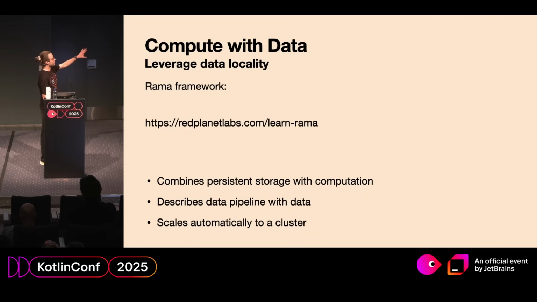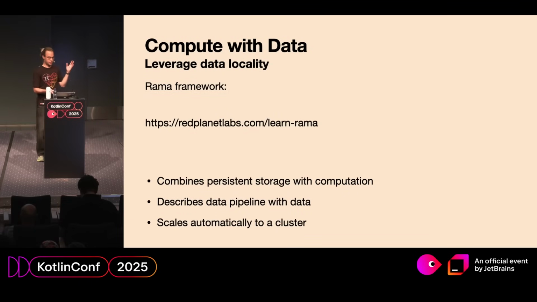It's called Rama. That's a framework for building backends on the JVM. They take it to the extreme. They say that they combine storage and computation in one node. They don't use databases, so the persistent storage is the node itself. Everything is sharded, and data is partitioned.